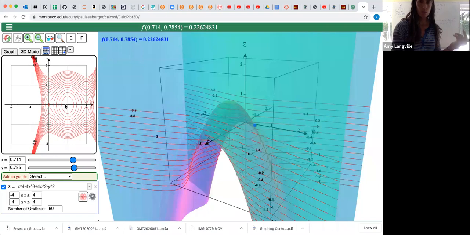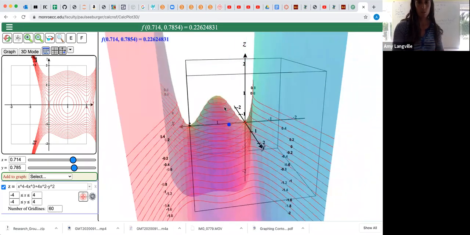But what do those saddle points look like? It turns out that saddle points on a contour map are like little x's, right? So 0, 0 is a saddle point. We saw that visually over here when we kept pivoting this thing around. There we go, it's a better view. We see our saddle point there at the origin, 0, 0, and one over here at 2, 0. And that's what shows up on the contour map as x's.